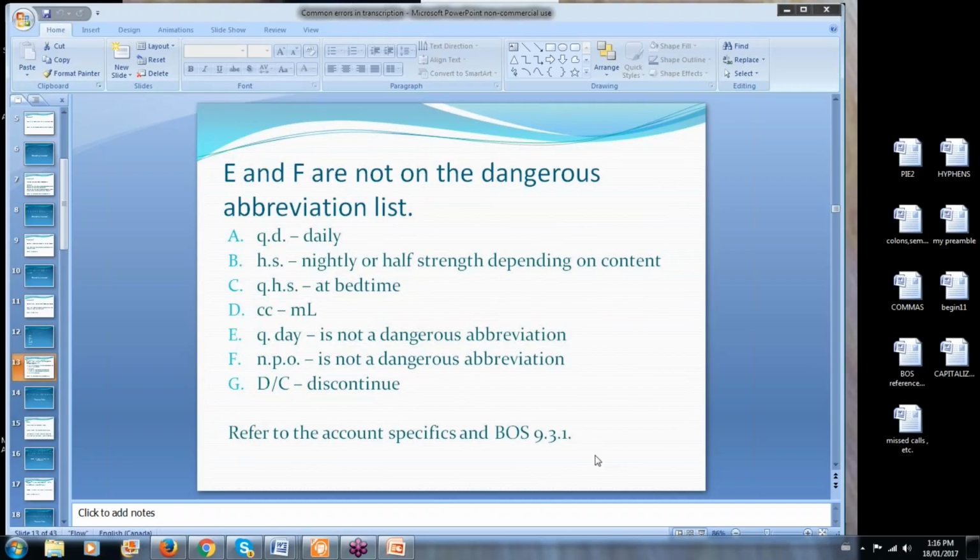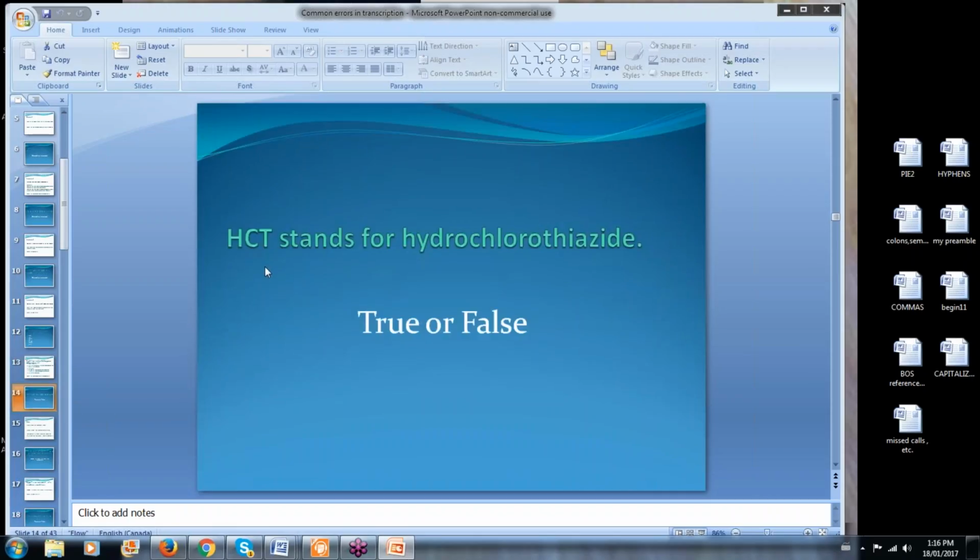Okay, so just remember, if you're not sure, instead of just putting it down, check 9.3.1. And you'll see if it is on the list, and if so, it'll tell you what you should type in its place. All right. Okay, let's try this one.